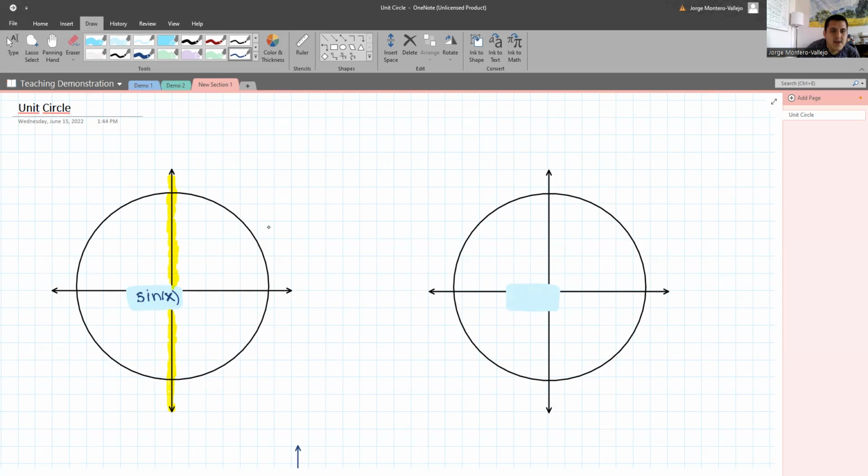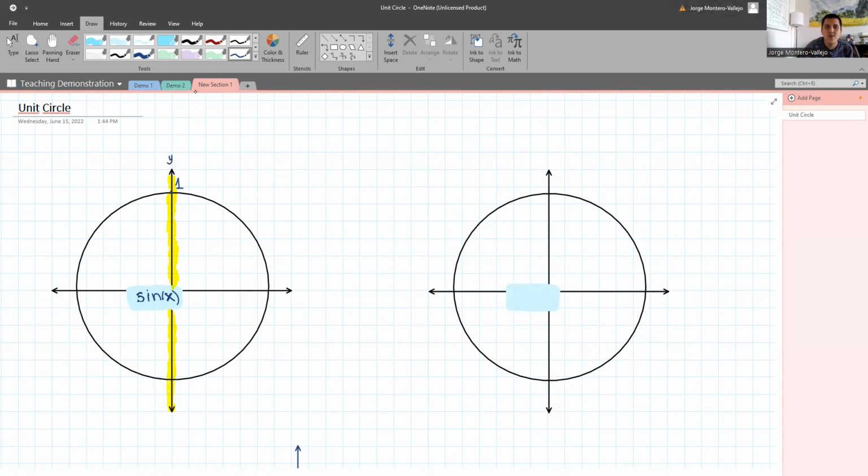So then what I want to do next is, I'm using the y-axis here, and I know that this circle has radius 1. So that means the length from the center to here is 1, right? So I'm going to place that 1 over there, and I want to look at this as the y-axis.